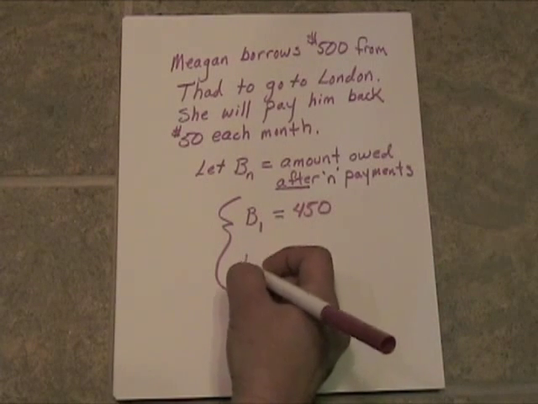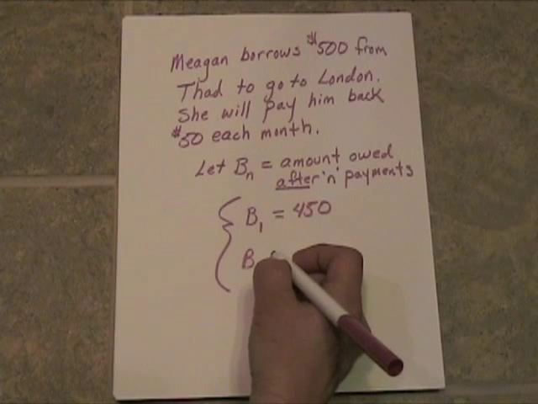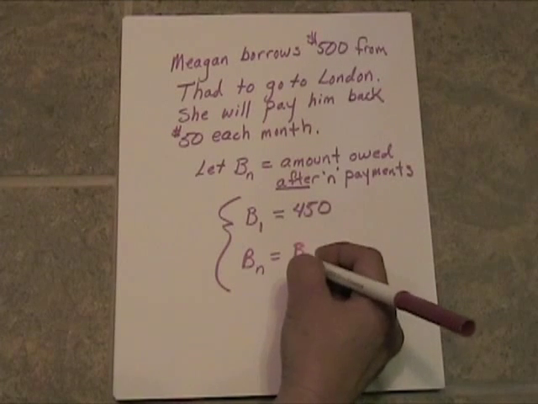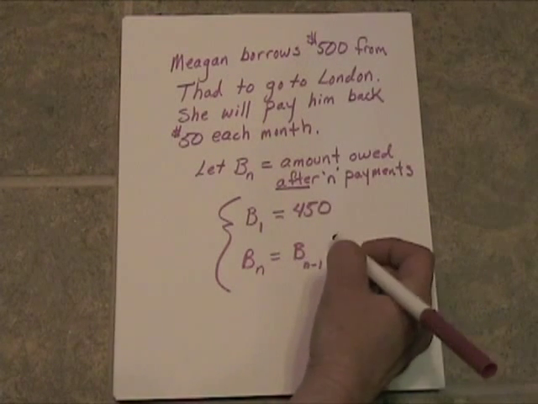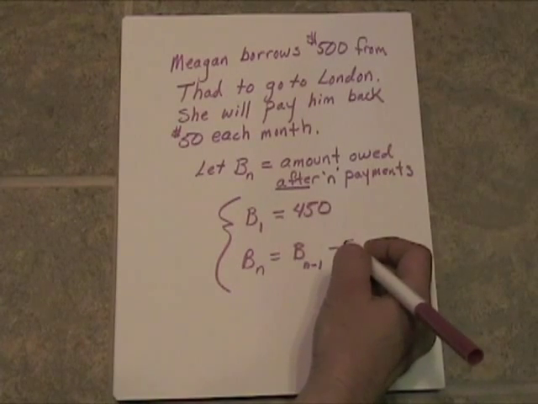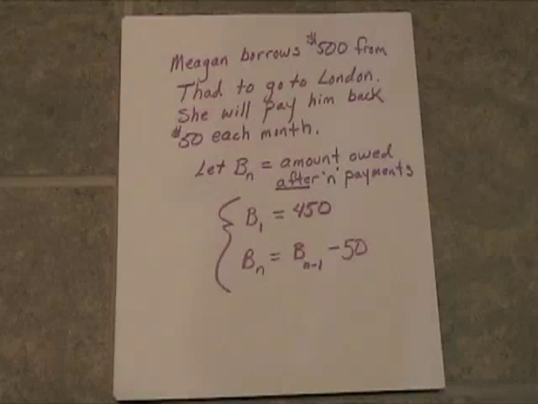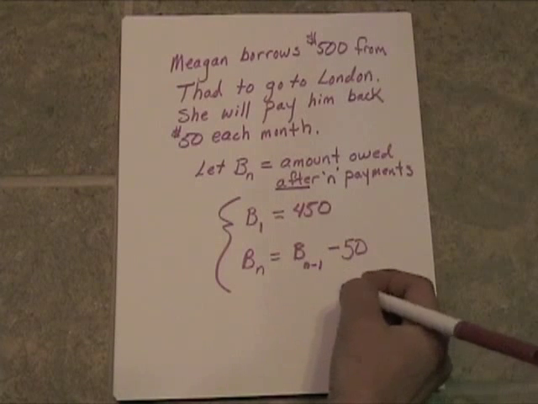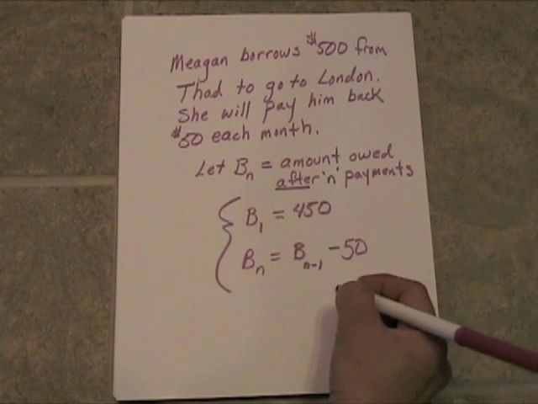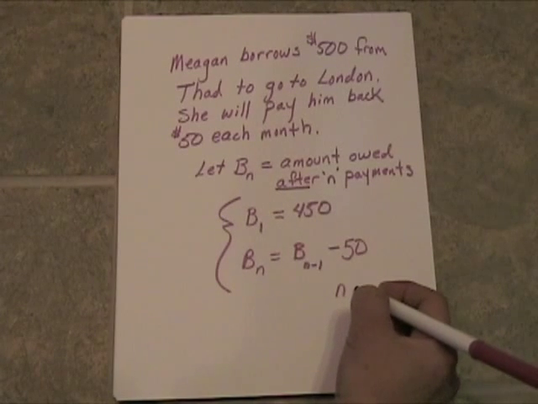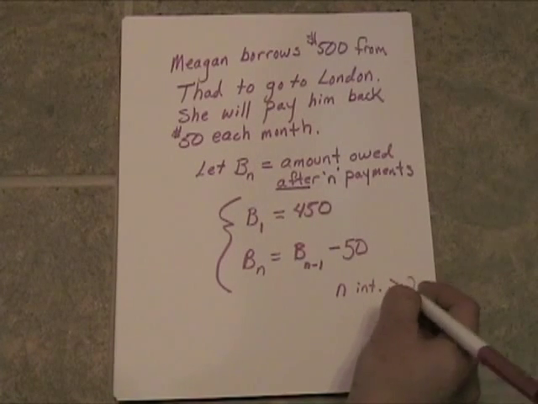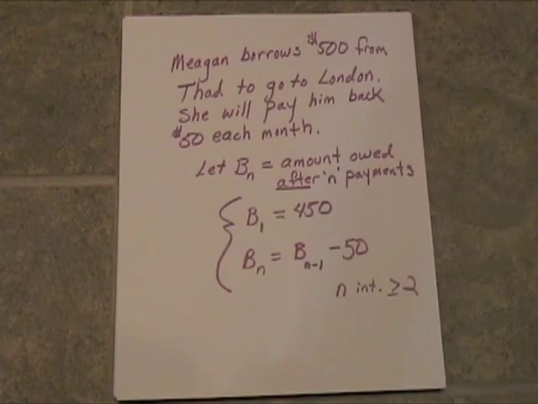And B sub n would be equal to the amount owed after the previous payment, which would be B sub n minus 1, and then we'll take off $50 more. So there you have it. And one other little thing is that your n is the number of payments here. So n is going to be an integer, greater than or equal to 2, because fractional answers and negative n's and so forth just don't make sense here.